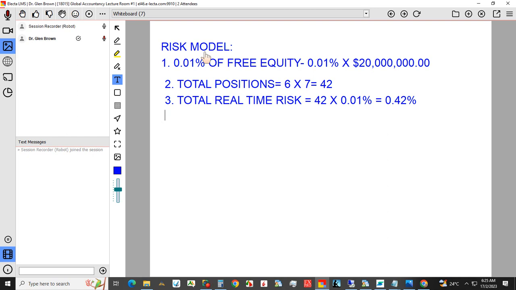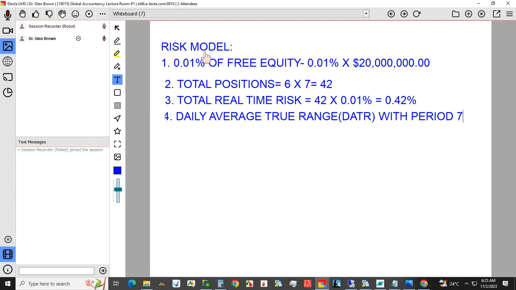Also important to note that we are using a tighter stop loss, so we are using the daily average true range, that's what I call DATR, with period 7.